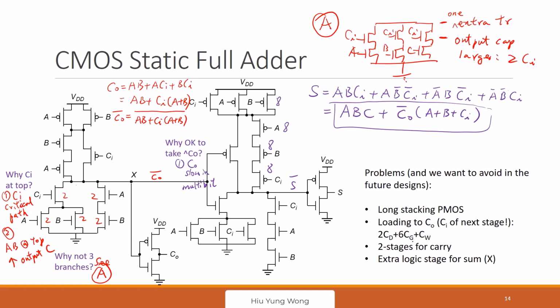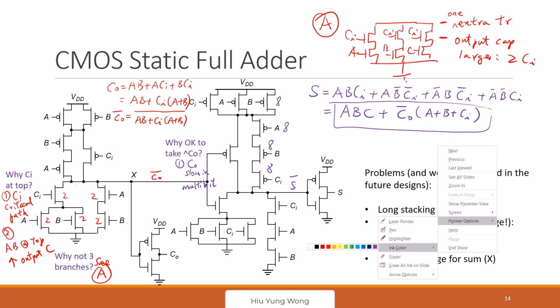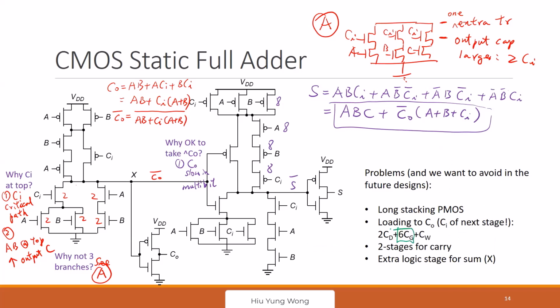Do you see what I mean? Any questions? This green one is talking about 1, 2, 3, 4, 5, 6. This guy needs to drive 6 capacitors in the next stage because this CL is the C-in of the next stage.